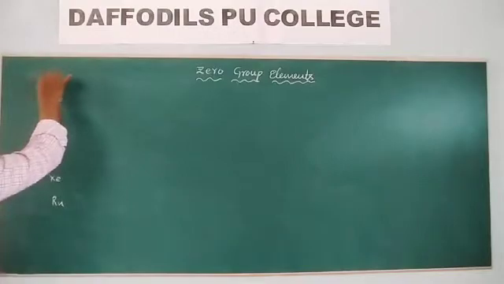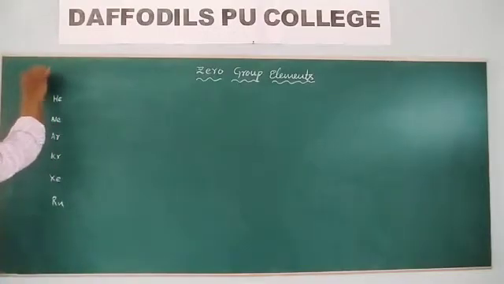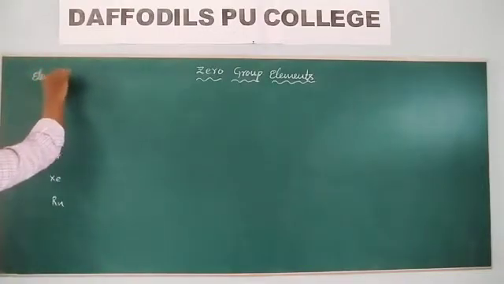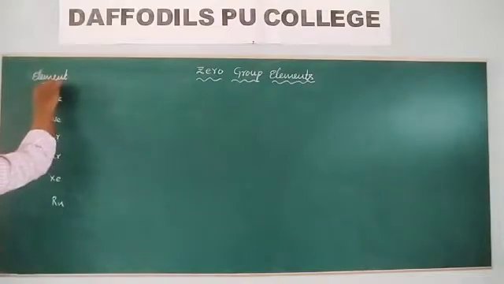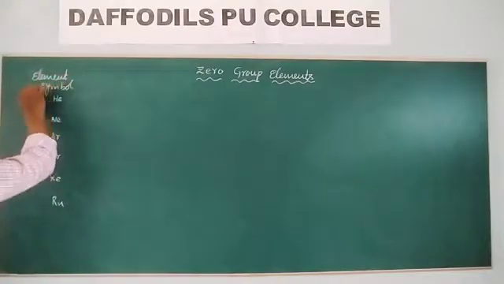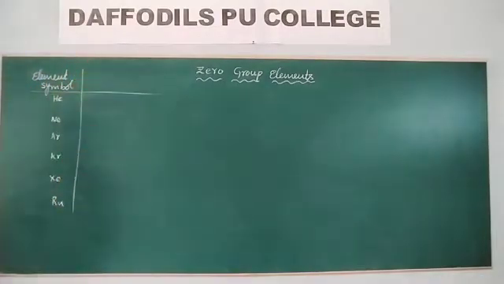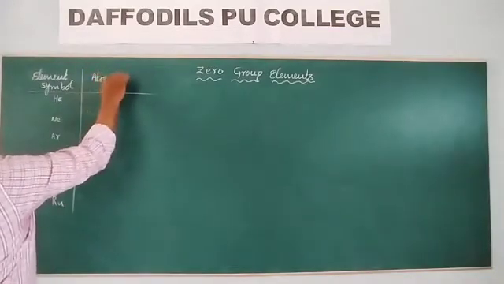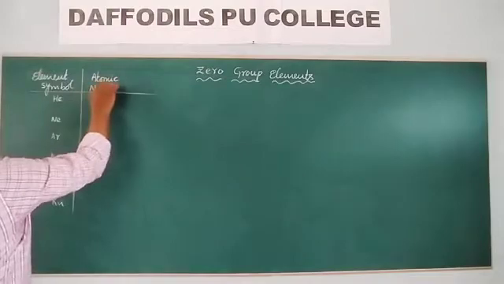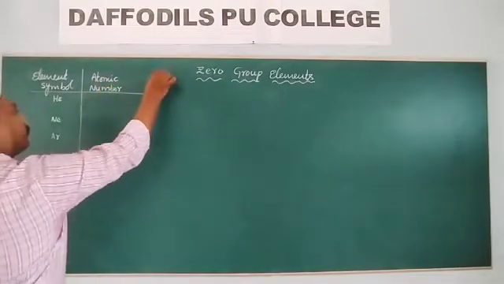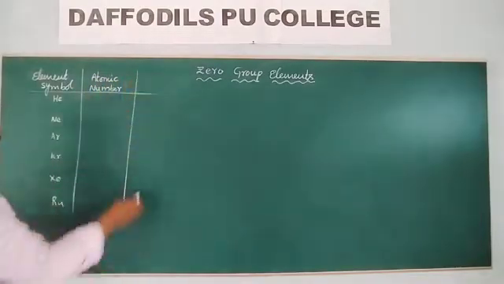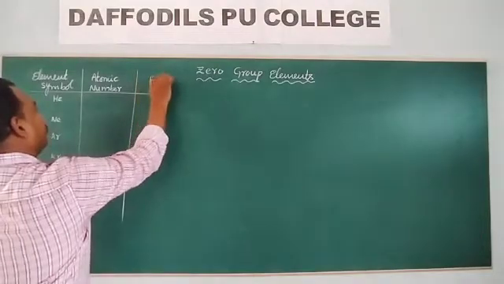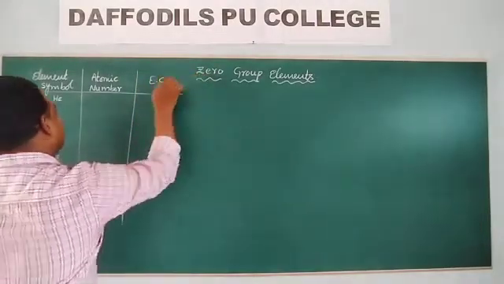Their atomic numbers. We'll take these things in the form of a table. Electronic configurations.